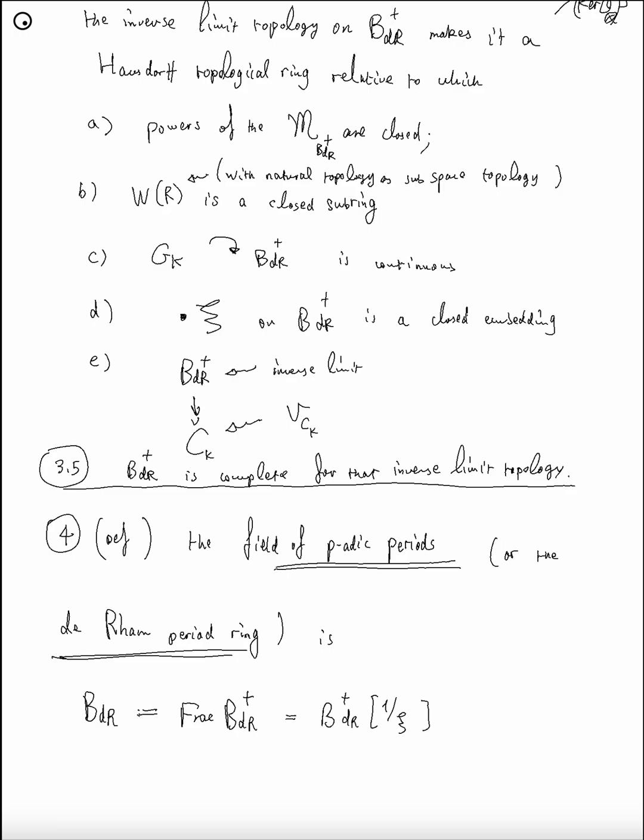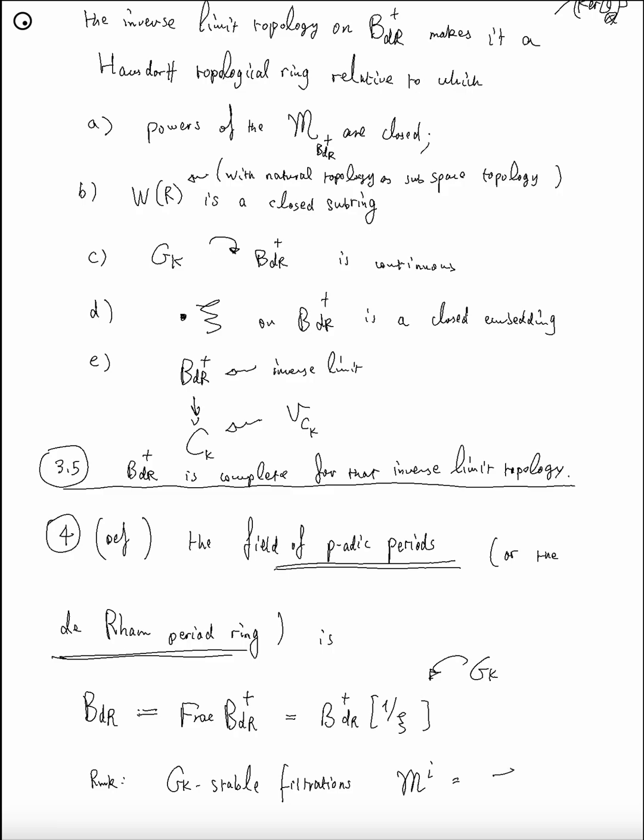And so there is again a natural GK action, and there are GK-stable filtrations, just given by the maximal ideals, let's say powers of maximal ideals.